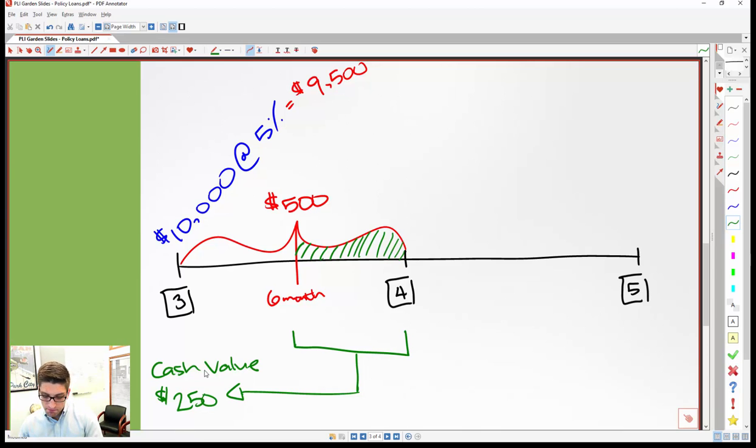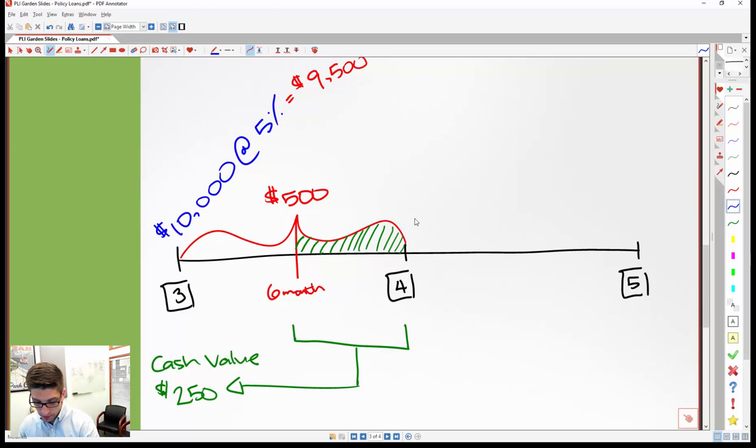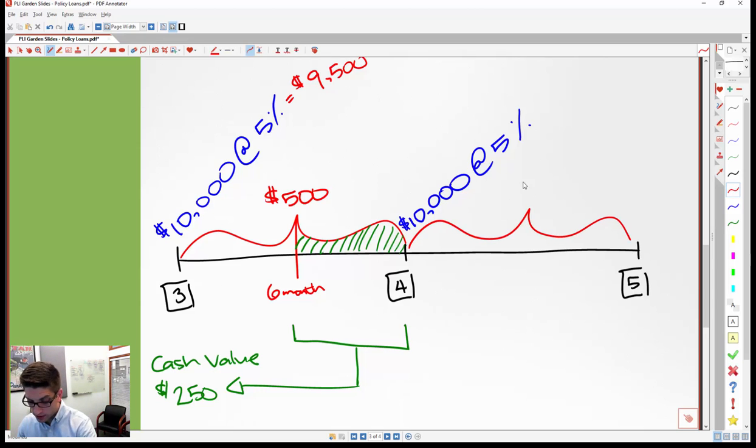But let's say you don't pay off that policy loan. Let's say we get to the 4th year of your policy, and you still have $10,000 outstanding, and the interest rate is still 5%. Well, the insurance company is going to do another assessment of your policy, and they're going to say you owe $500 for this next year. At this point, you have a choice.